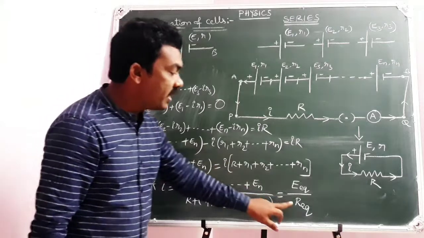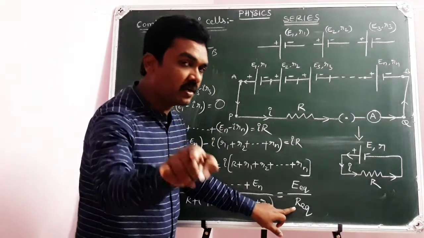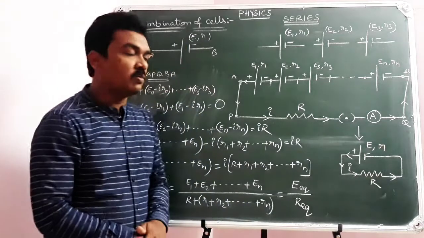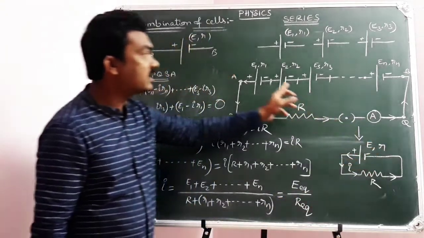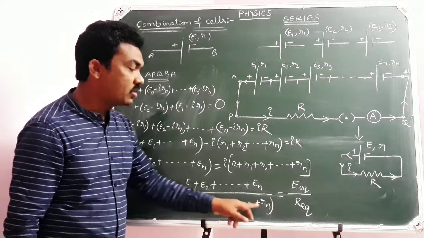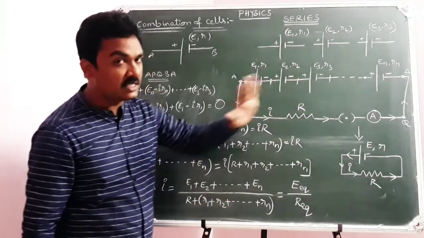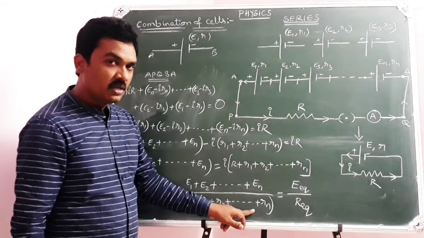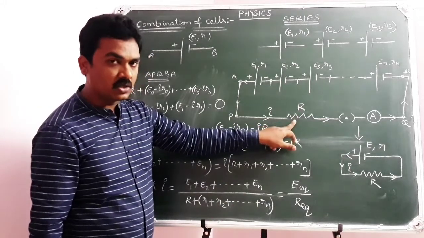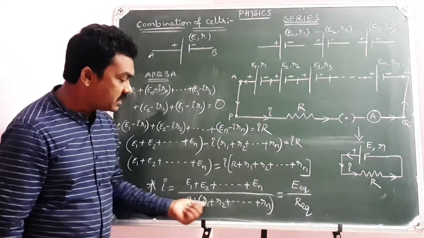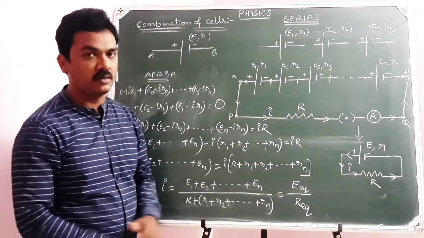Of course, this equivalent resistance is the combined resistance of this R and the small r, where small r is the total internal resistance that is offered by all the cells, R1 plus R2 plus and so on, Rn, because all are in series. So the equivalent resistance of all the cells together, including this external resistor, is R plus R1 plus R2 and so on, Rn.